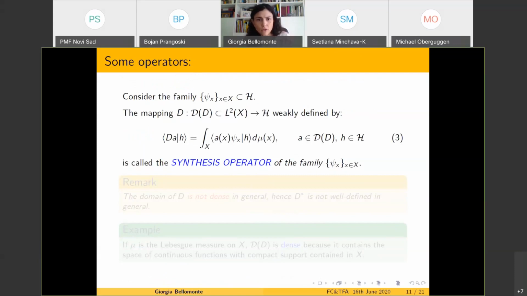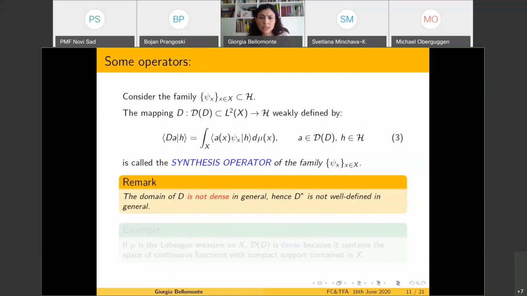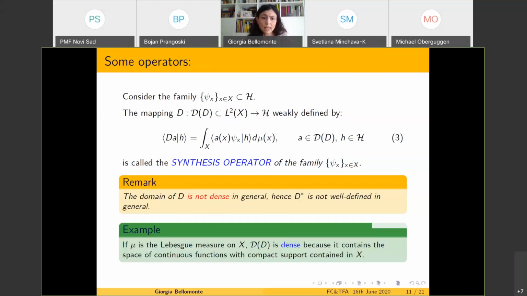What is the definition of the synthesis operator of a family in a Hilbert space? It is an operator defined like this. It is not densely defined in general, hence the adjoint is not well defined in general.